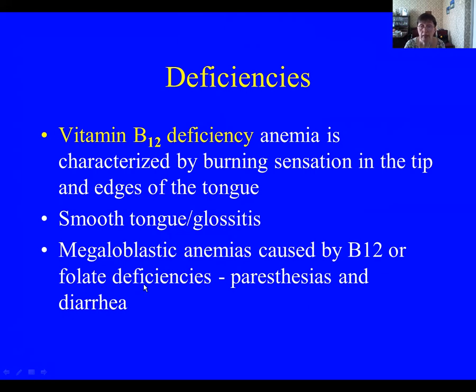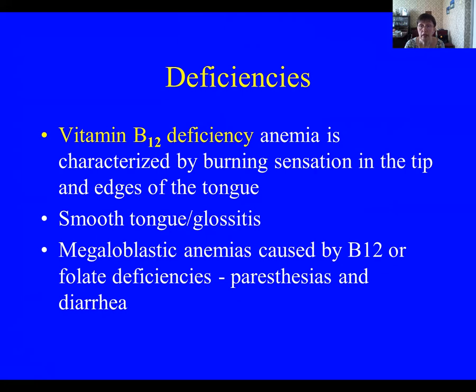For such anemias, the affection of the nervous system is very specific. So your patient will complain about paresthesias. This is due to affection of the peripheral nervous system. And also for such anemias the affection of the stomach is specific.